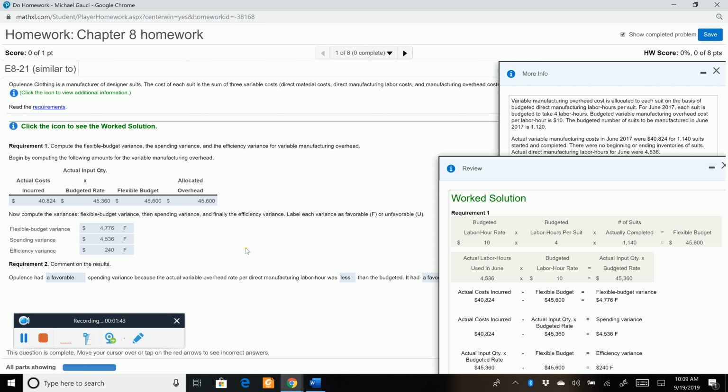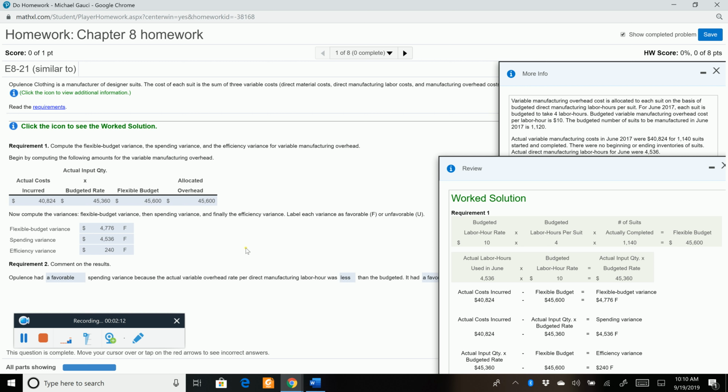For June 2017, each suit is budgeted to take 4 labor hours, and our budgeted variable manufacturing overhead cost per labor hour is $10. So for every hour that we spend in labor, we are going to apply $10 of overhead.